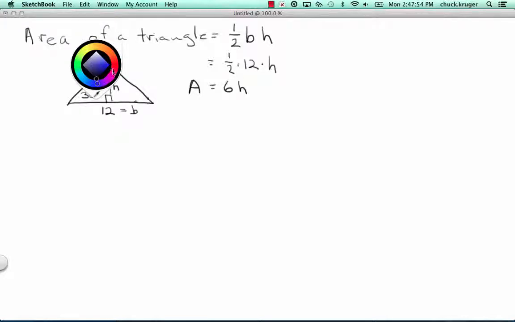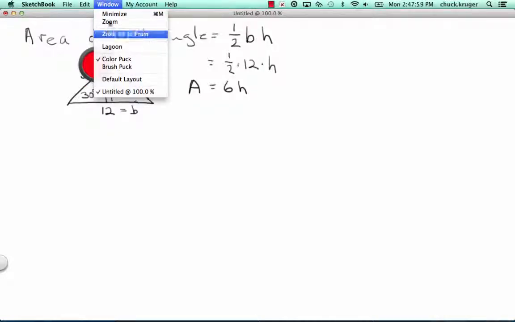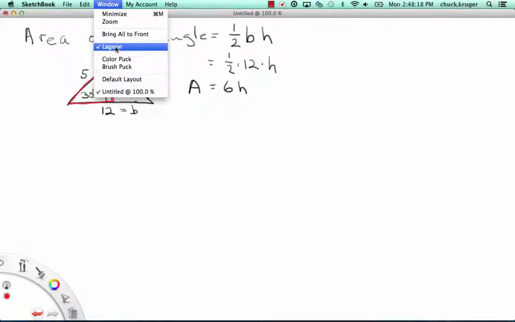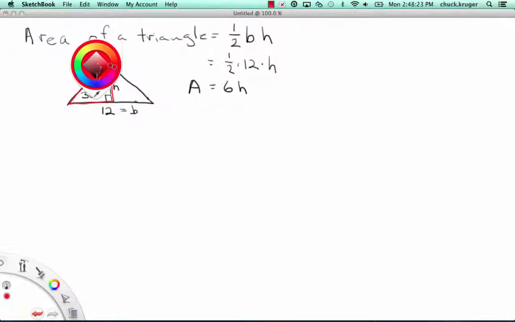Okay, there I go. And I want red, I think.